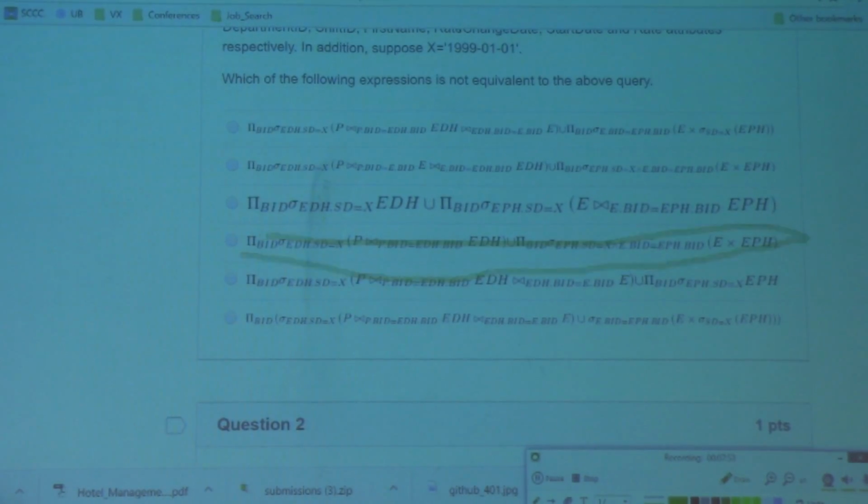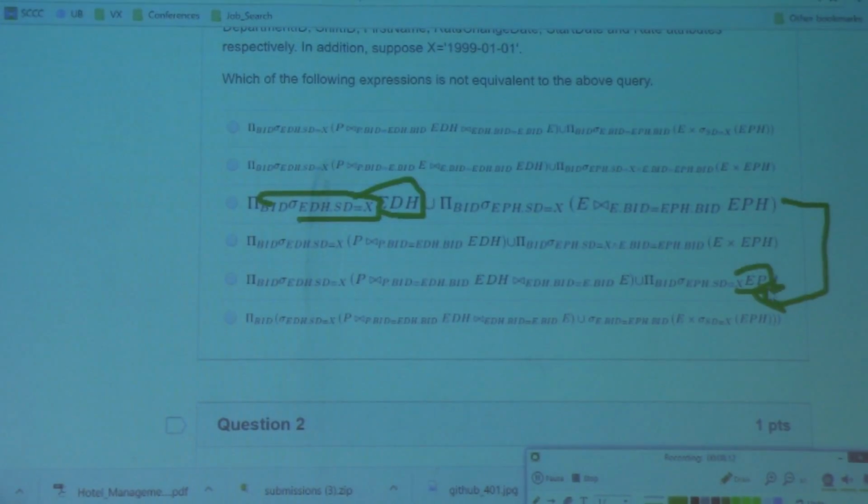Obvious. Fifth one. The fifth one is also correct, similar to this one, right? Instead of EDH, I'm using EPH. In EPH, employee payment history, the business entity IDs are there, so you don't need other tables. So, what about the last one?